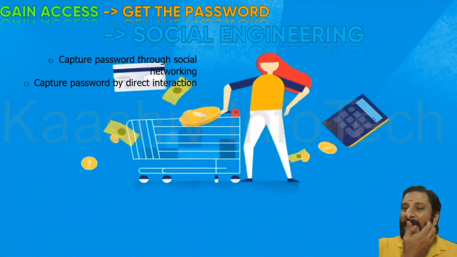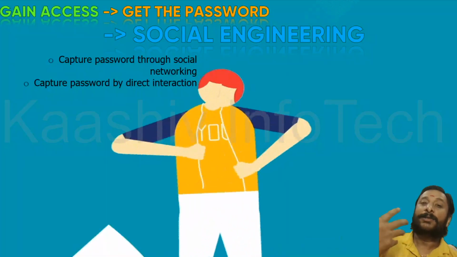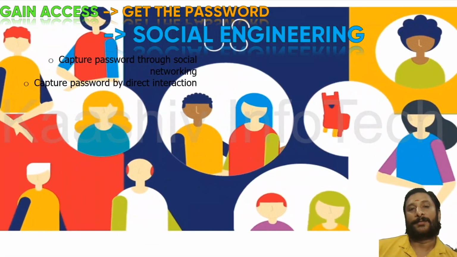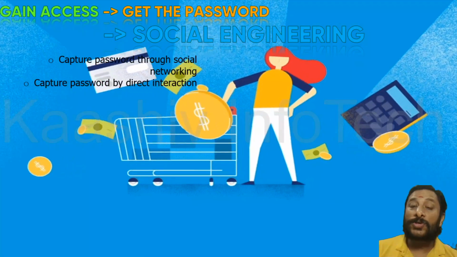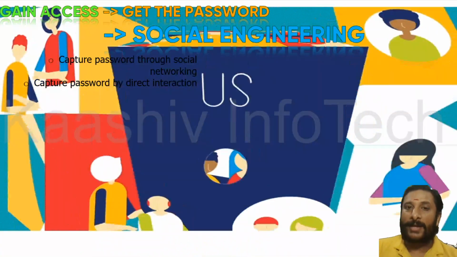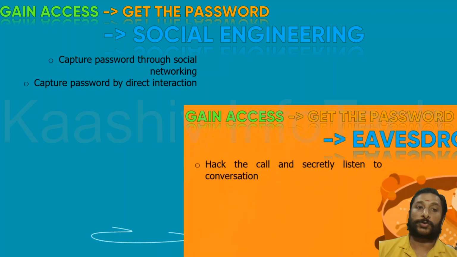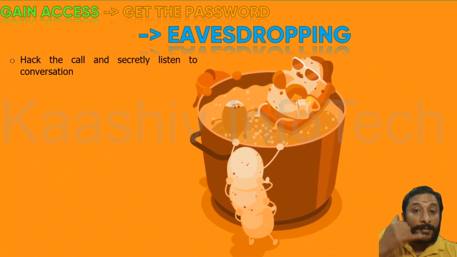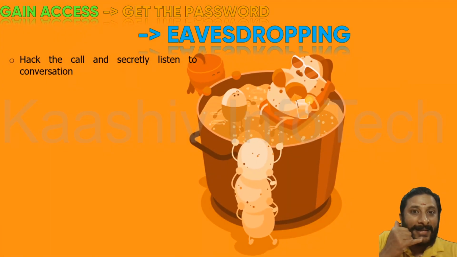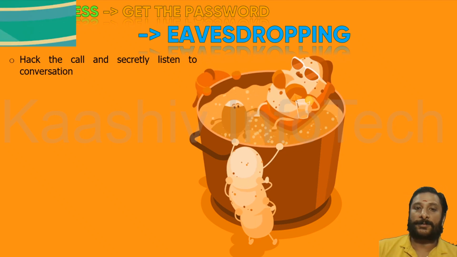By calling you, saying, "Hey, can you tell me your password so that I can help you?" They'll try to trick you into giving your password by talking to you, taking your files, or using things from your LinkedIn or Facebook. That is social engineering. The other one is eavesdropping, listening secretly to your conversation to grab your password.